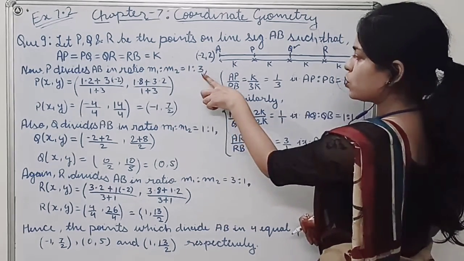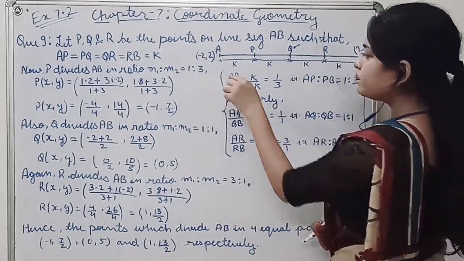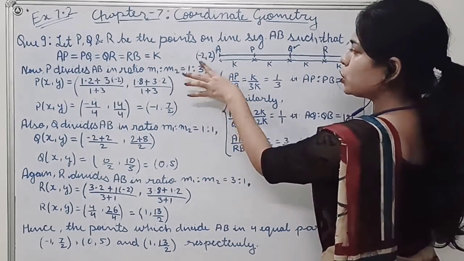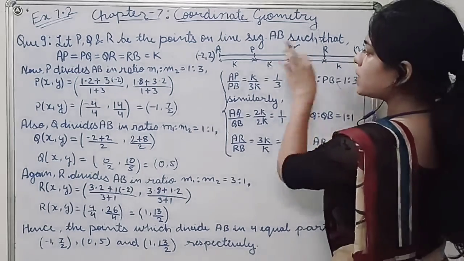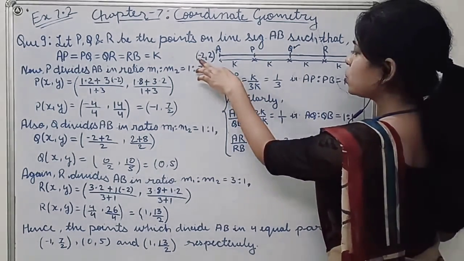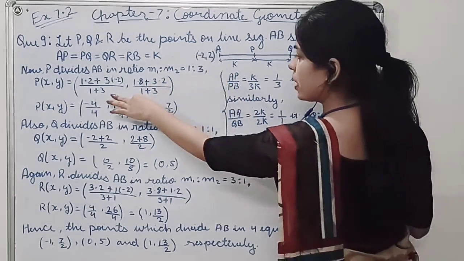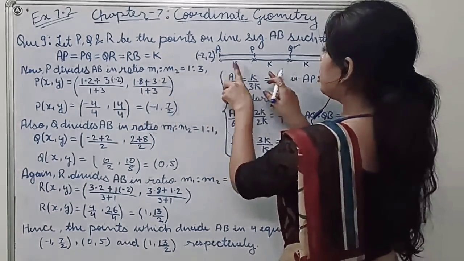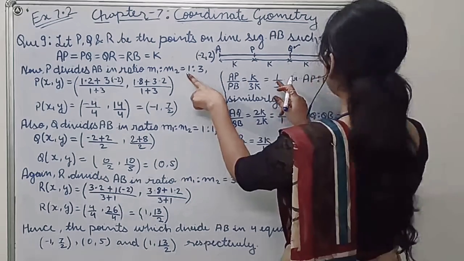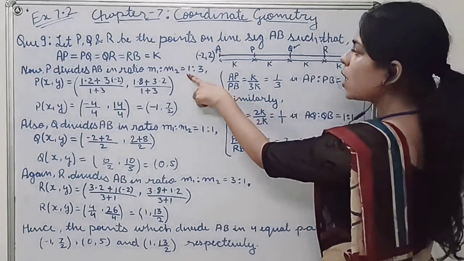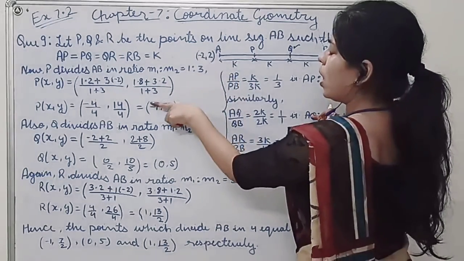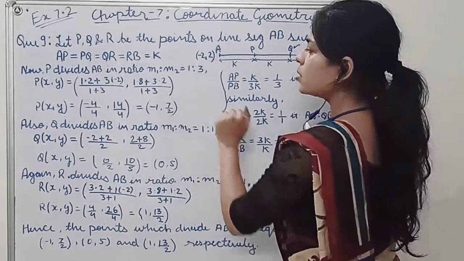M1 is 1, M2 is 3. So here we have (1 into 2 plus 3 into minus 2) upon (1 plus 3) for the x coordinate, and for the y coordinate we have 1 into y2, which is 8, plus 3 into y1, which is 2, upon 1 plus 3.